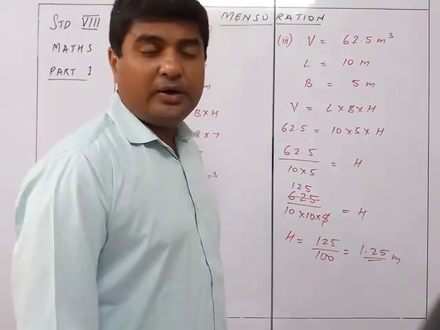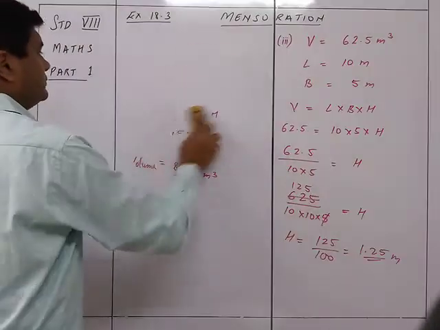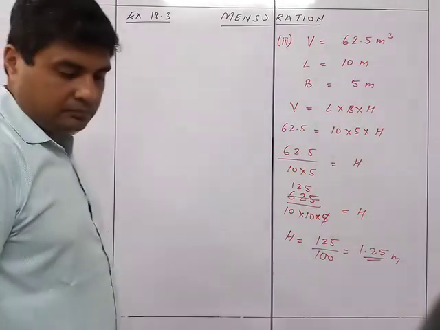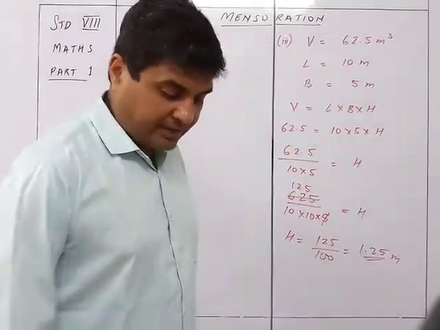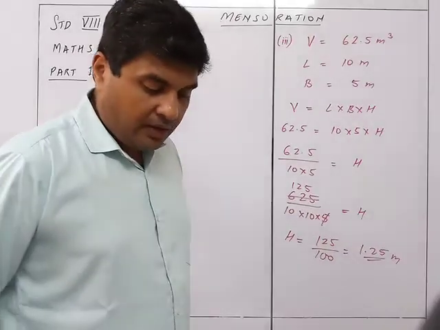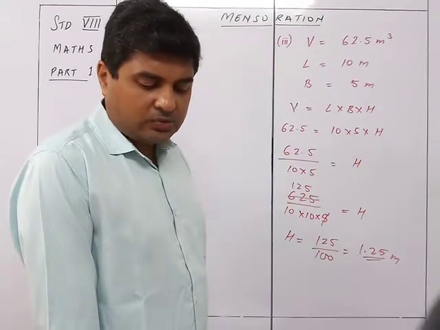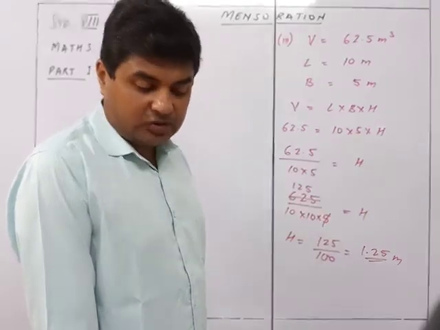Okay, we now move on to sum number 3. Okay, so moving on to next sum, that is sum number 3. Find the height of a cuboid whose volume is 312 centimeter cube and base area is 26 centimeter square.